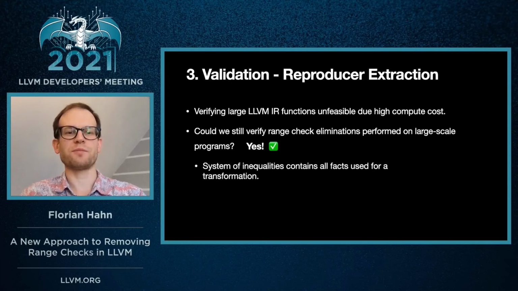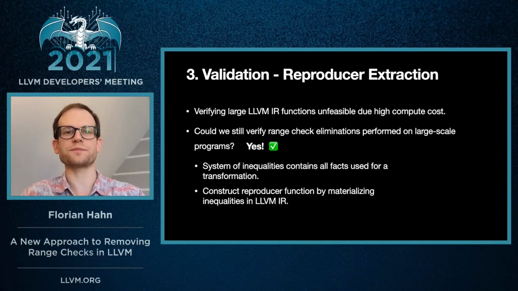If you think back a couple of slides, we have the system of linear inequalities, which contains the set of known facts we used for each transformation. Now we can use this system to construct reproducer functions by materializing inequalities back into LLVM IR.